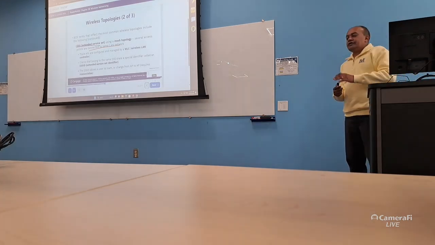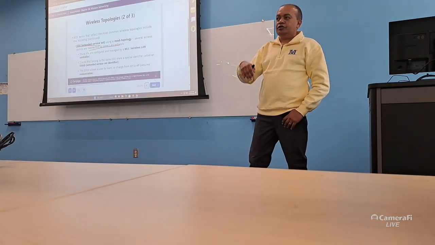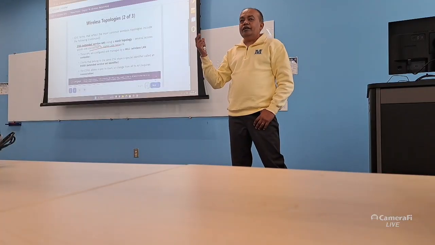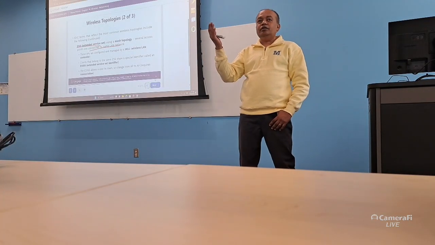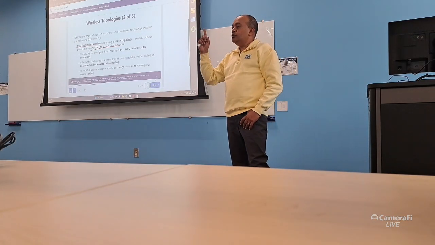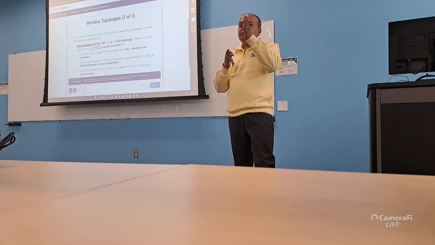Now, when you are moving from one building to another building here in this college campus, or when you are roaming around the city, you are never connected to one tower or one access point forever. You are connecting to multiple towers, but always to one tower or one access point at a time. Your device is not connecting to multiple access points or multiple towers at the same time. So how does this seamless switching happen?